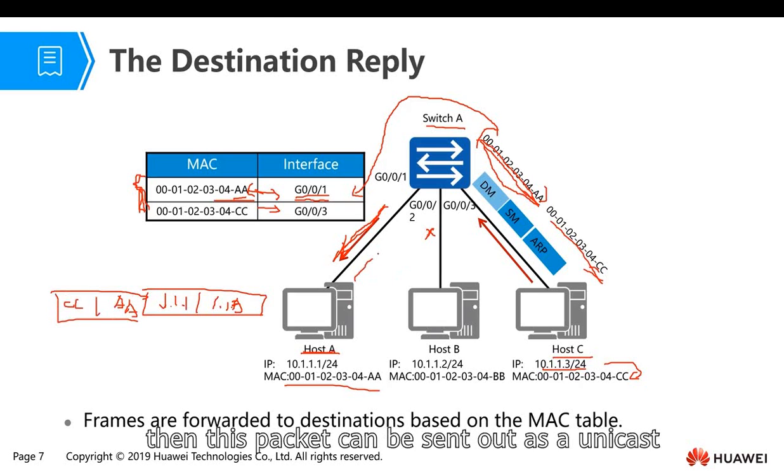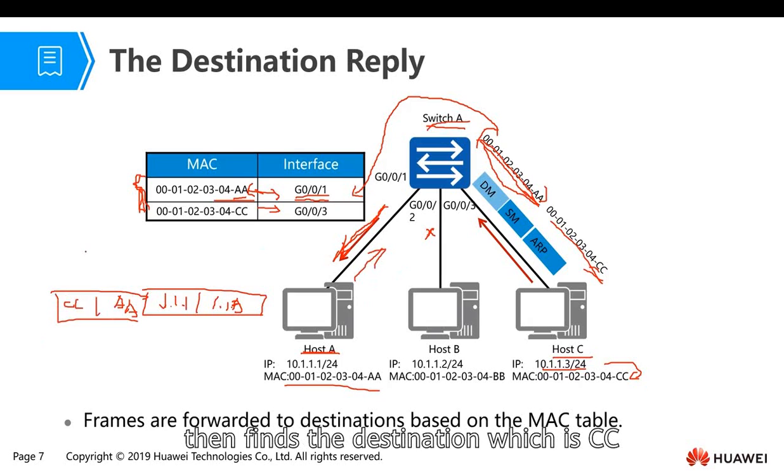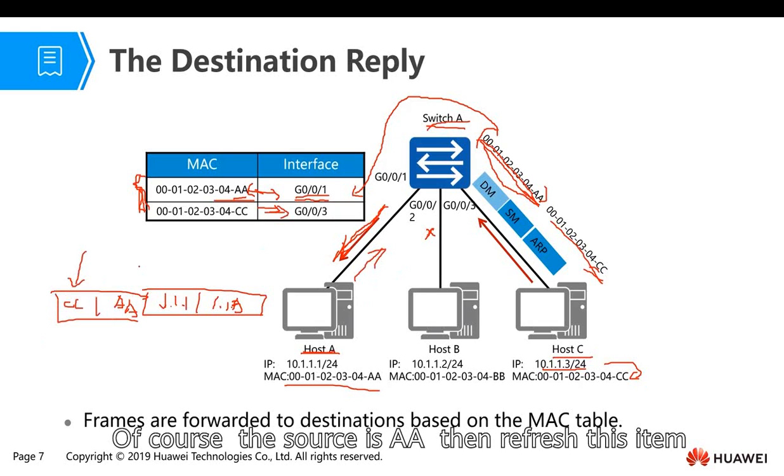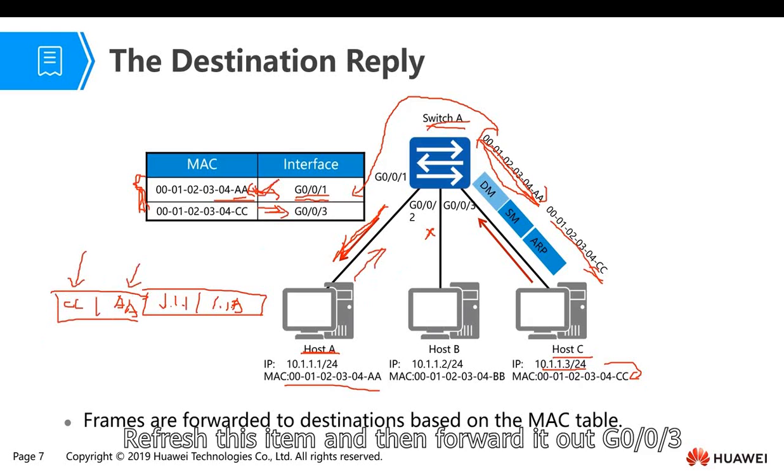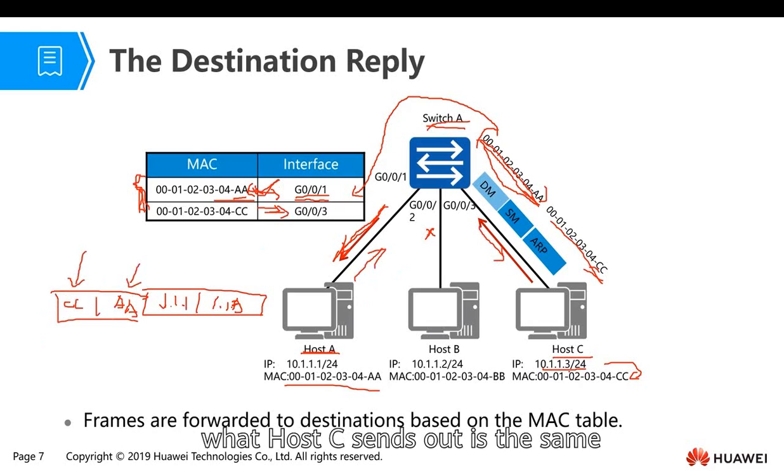This packet can then be sent out as a unicast. Switch A receives this unicast and finds the destination is CC, which corresponds to 003. Of course, the source is AA, so it refreshes that item, which is the same as before, and forwards the frame out of gigabit 003. The reply from host C is handled the same way. This is how the switch forwards a unicast.